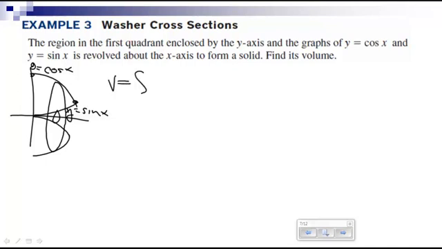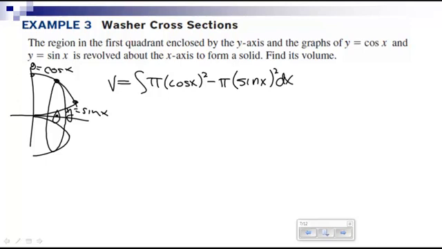The volume was pi, and in this case, big R squared was the distance from here to there, which was cosine squared, and then we subtracted out the pi little r squared, and the little r squared was sine x squared, and the thickness of this washer, if I grab it like this, is dx.